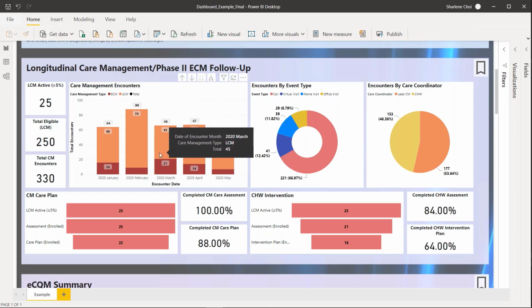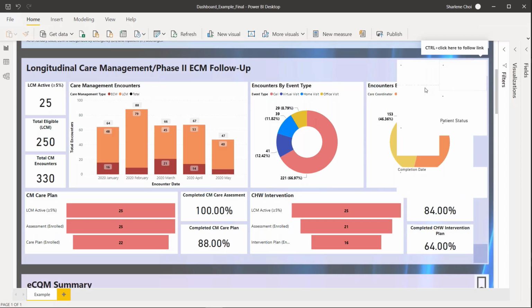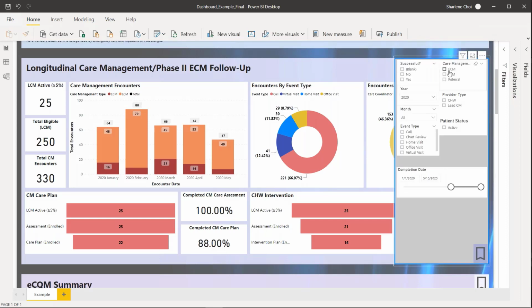We can appreciate how the care team simultaneously does both. Filters can be applied to display a particular type of encounter as needed. So you can look at episodic care management versus longitudinal care management, or both at once.